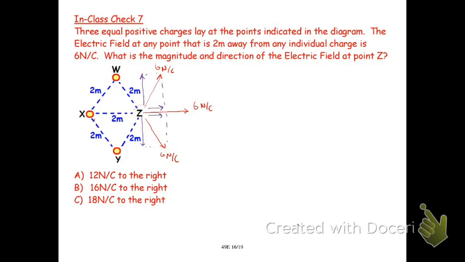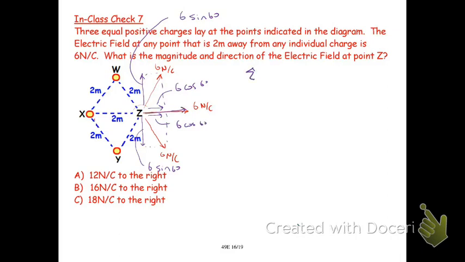And I know that this here is going to be 6 times the sine of 60, and I know this is going to be 6 times the sine of 60, and I know this is going to be 6 cosine 60, and I know this is going to be 6 cosine 60, and I know that this is 6.